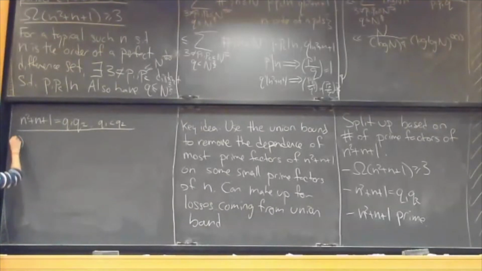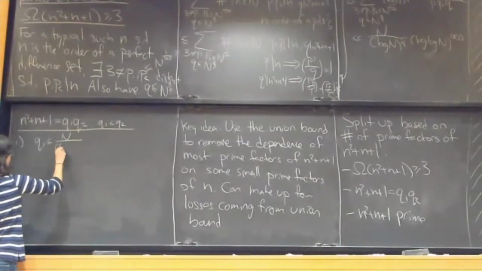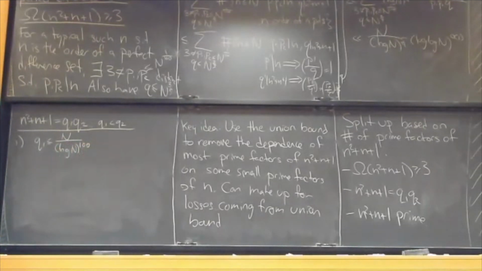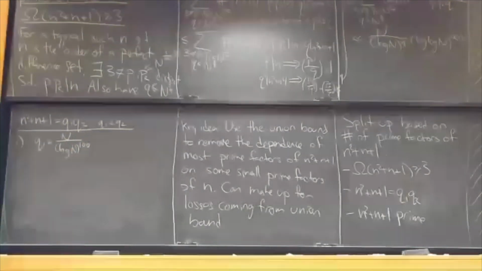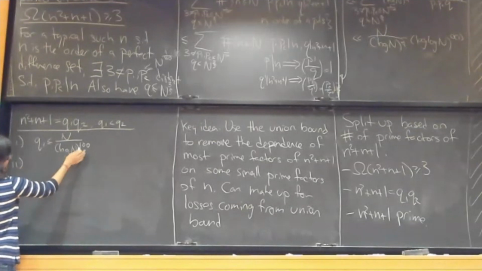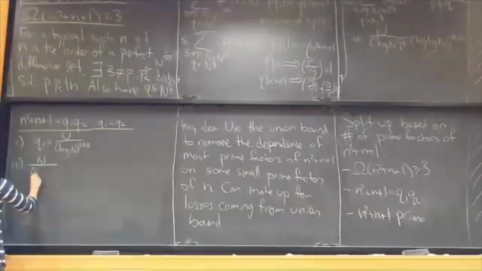The first is when q1 is below n divided by log n to the 100. Then basically what I just did, with some modification of it, works. And when q1 is between n divided by log n to the 100 and, let's say, n divided by log n to the 1/2, we need to do something more delicate.